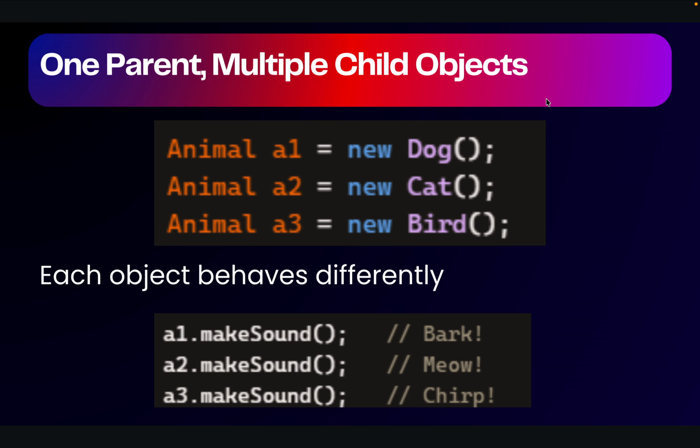And all of them will behave differently based on what it says in its class. So in this case, our dog would say bark, our cat would say meow, and the bird would say chirp. Again, they all have similarities, but they all have their different behaviors.